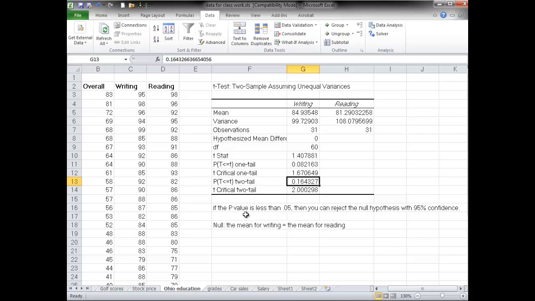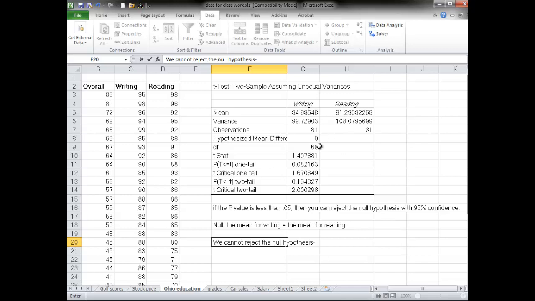Is that less than 0.05? No, it's not. So we cannot reject the null hypothesis, and we have to conclude that we cannot find a significant enough difference between the writing group and the reading group.